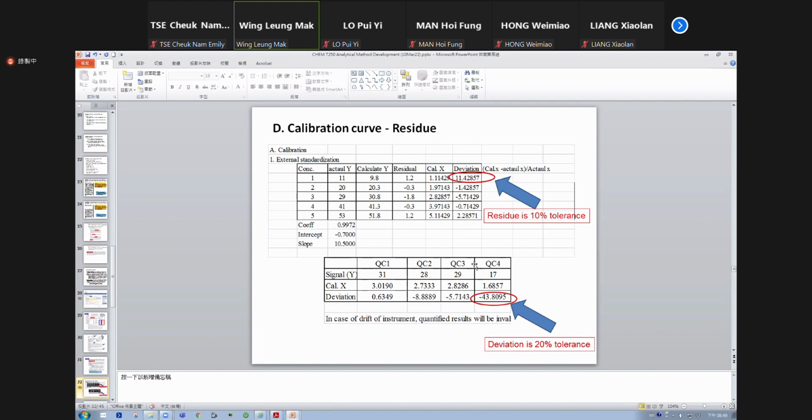Here, the 41 to 60 samples, because the CCV QC4 failed, more than 20% tolerance, the results of these samples cannot be released. Okay, we need to repeat to check whether the problem is the instrument, contamination, or other problems.